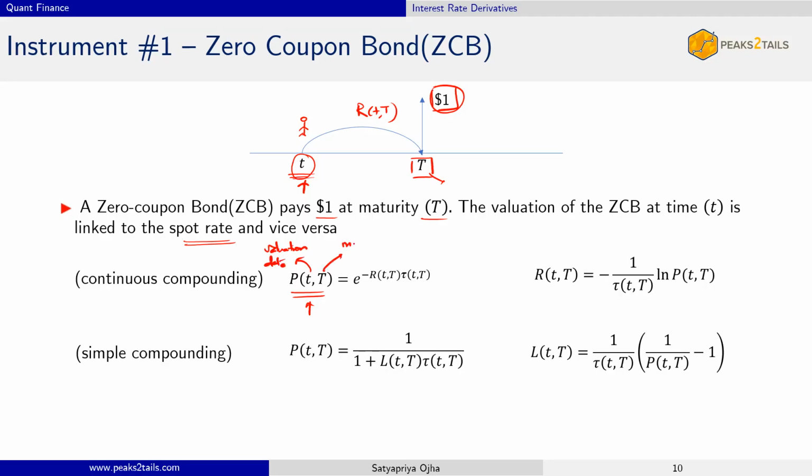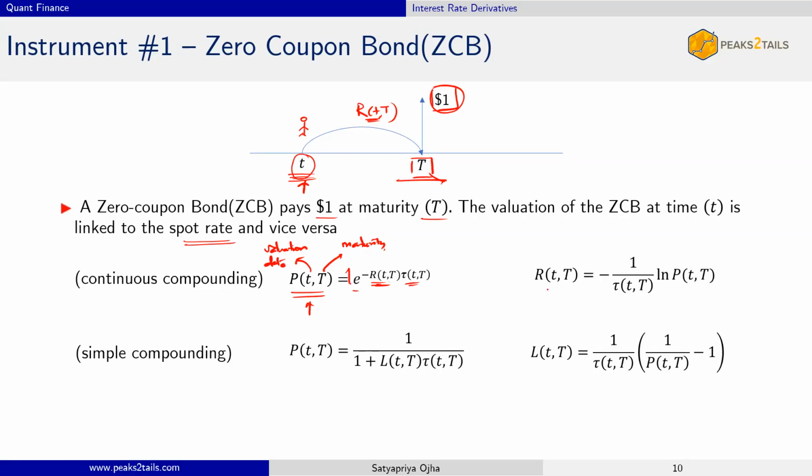Capital T is the maturity. Okay. If you are given a continuously compounded rate, what will be your discounting? Discounting would be 1 times e to the power minus R(t, T) times year fraction. Okay, so the value of your bond is given by e to the power minus R(t, T) times tau(t, T).